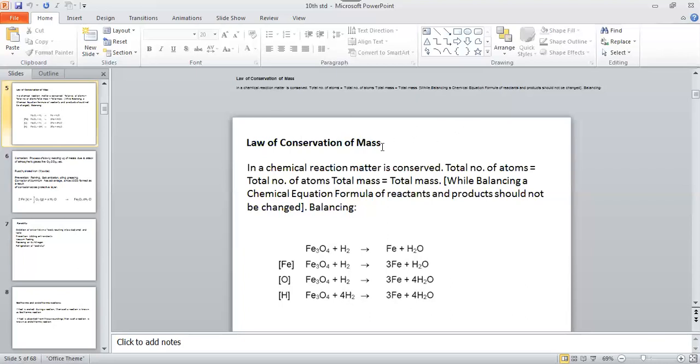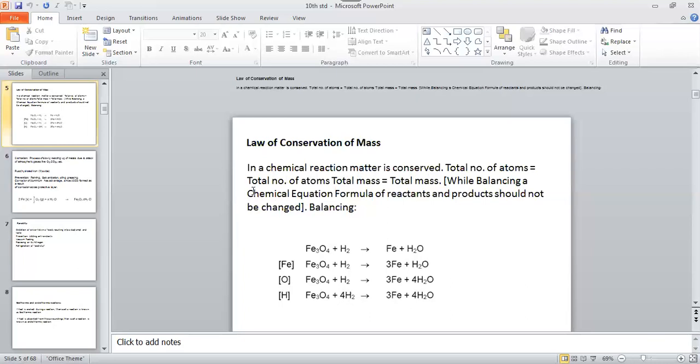This is a very simple statement of the law of conservation of mass. In other words, the total number of atoms and the total mass of reactants equal those of the product molecules.